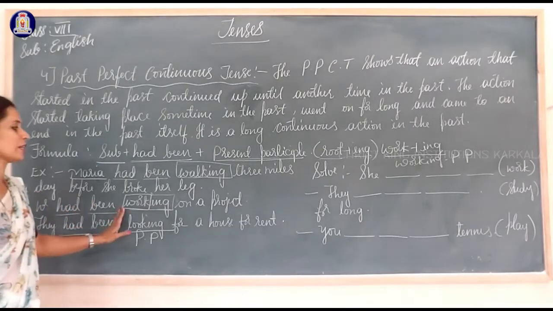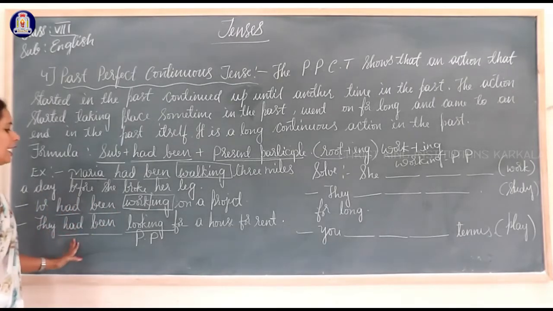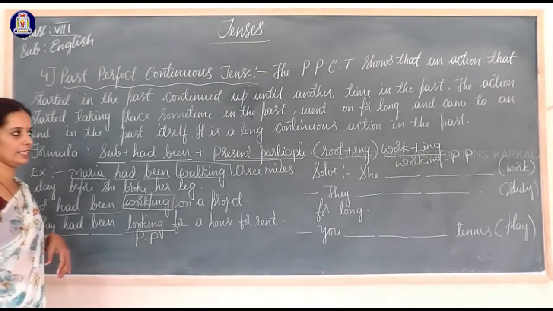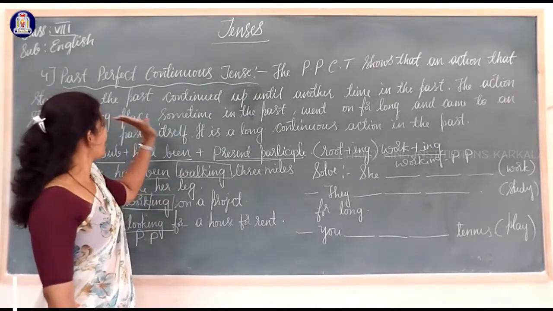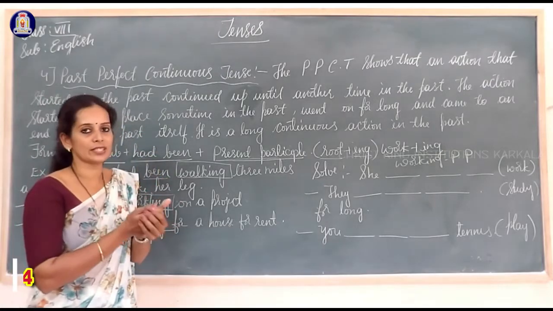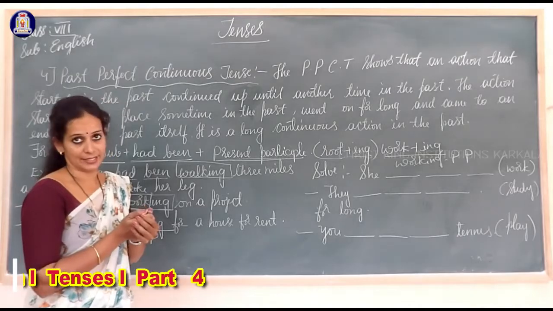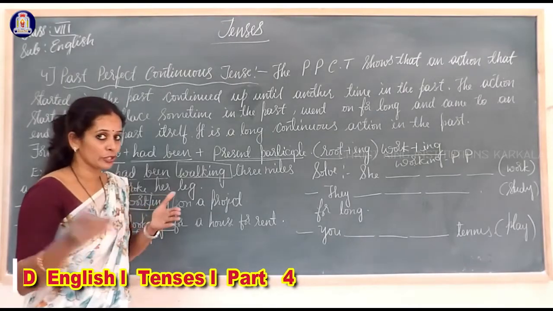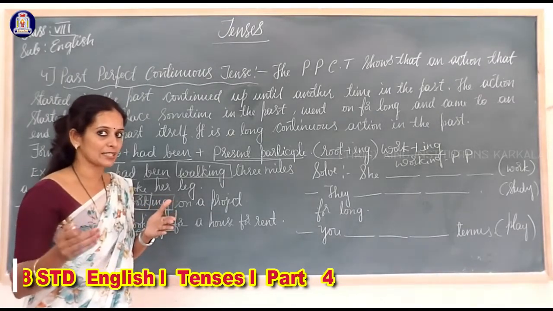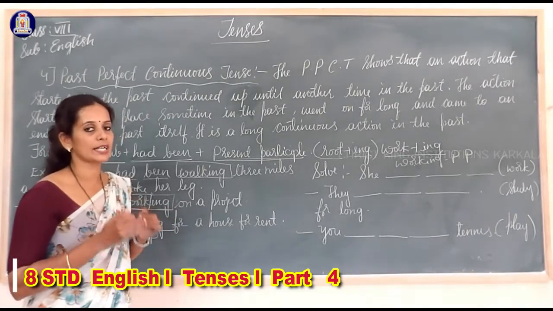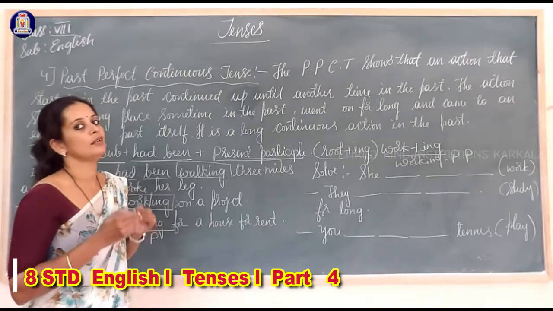We had been working on a project and they had been looking for a house for rent here. Okay. Here, past perfect continuous tense tells us about an action that began in the past, continued for a long period of time in the past, as well as completed in the past itself. It shows us the long continuous action in the past.